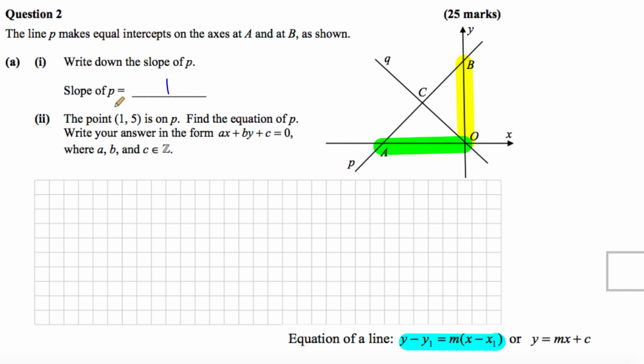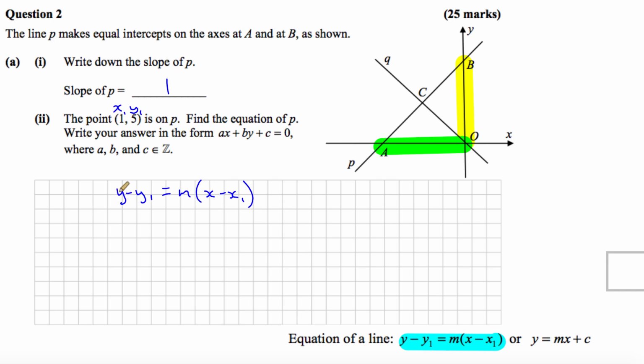So here's the point x1, y1 that's on the line, and you've got your slope here, which is m, which is 1. So we're just going to sub the values into this equation.